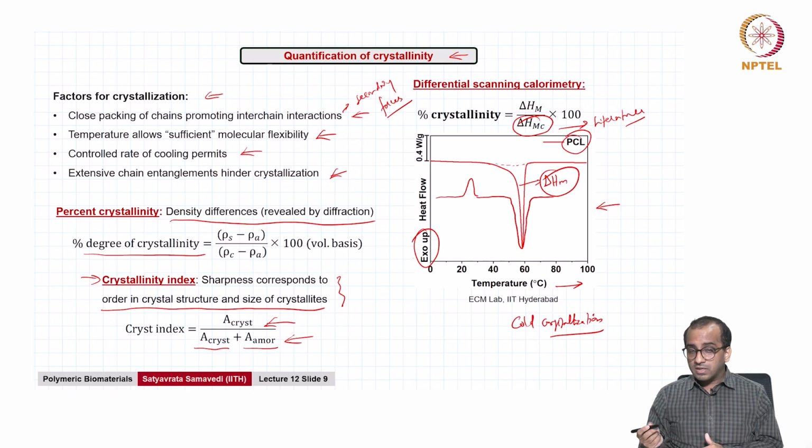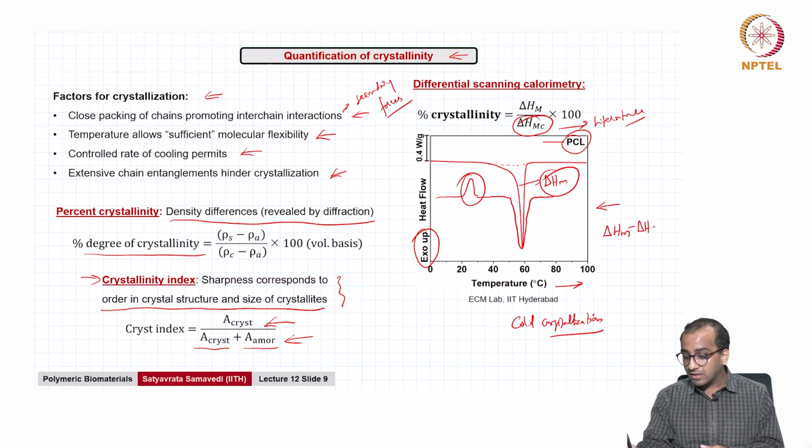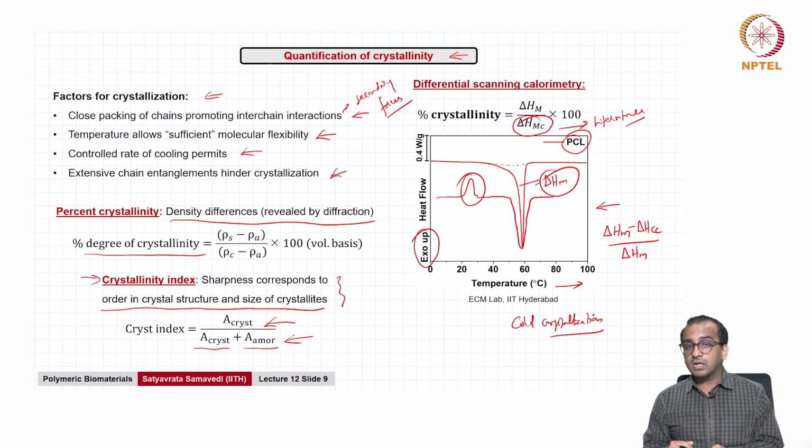So, not only are the original crystals melting, the newly formed crystals during cold crystallization are also melting. So, in that case, you would not be using simply delta Hm over delta Hm of the 100% crystalline polymer, you would subtract the enthalpy associated with the cold crystallization to get access to the crystallinity in the sample itself. So, these are some caveats to keep in mind when one works with techniques such as these. It is a very powerful technique.